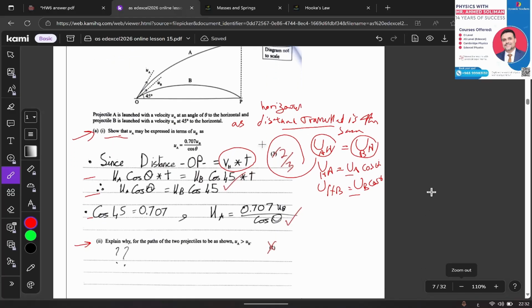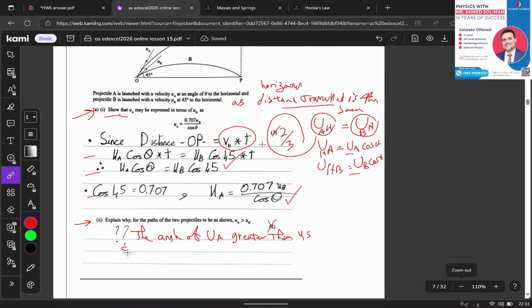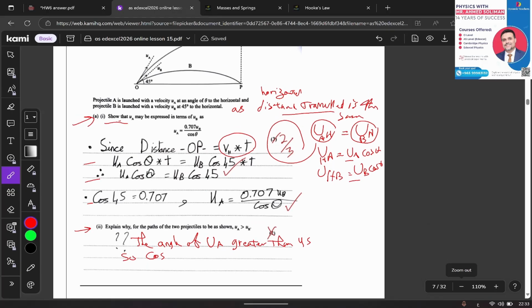I prefer to start from here. As you said, the angle of UA is greater than 45, right? Yes. So cosine, cosine or sine, because we talked about cosine.